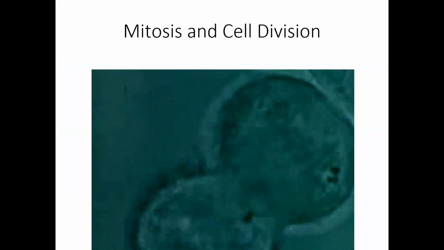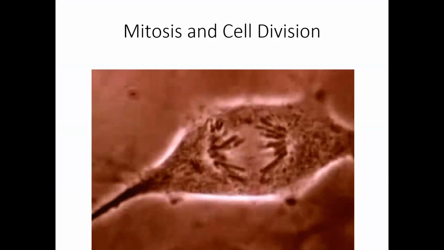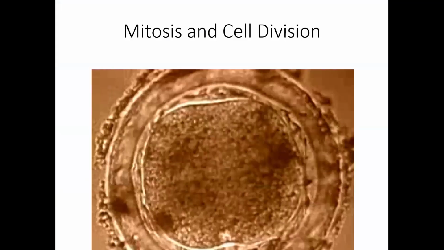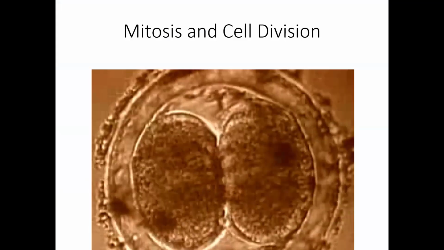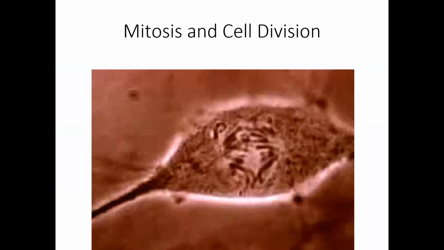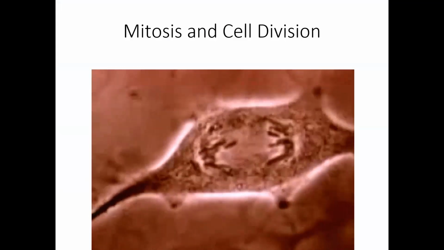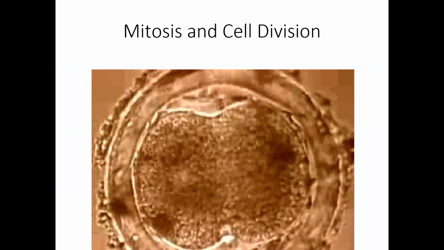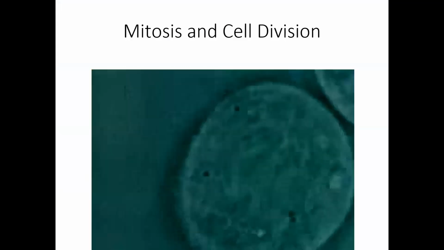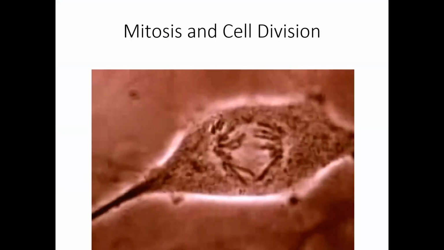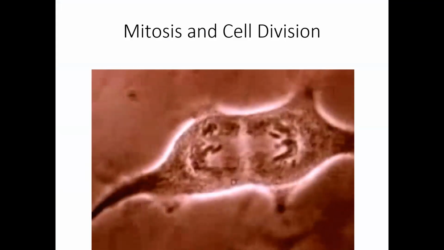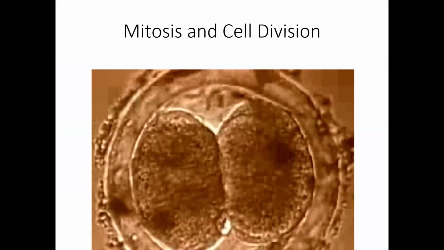We want to get into mitosis. As I said, the last 1% or even less of the cell cycle is all about mitosis. Mitosis is the way that we can take two sets of DNA and evenly distribute them into two new daughter cells. This shows you just how fast that takes place.